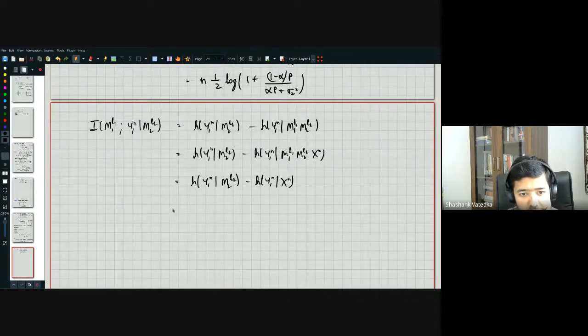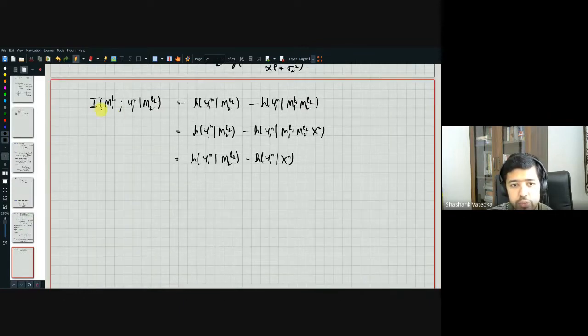So now let's look at the other quantity, which is the mutual information between m1 and y1n given m2. Again, by expressing the mutual information in terms of the conditional differential entropies, this is just h of y1 given m2 minus h of y1 given m1 and m2. And exactly as we did before, h of y1 given m1, m2 is equal to h of y1 given xn. So this mutual information is equal to h of y1 given m2 minus h of y1 given xn.